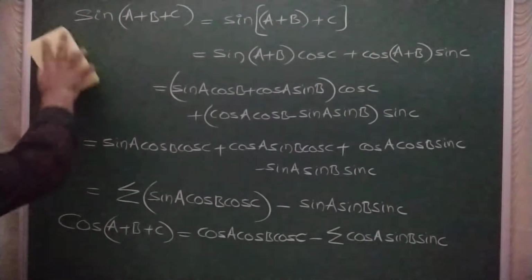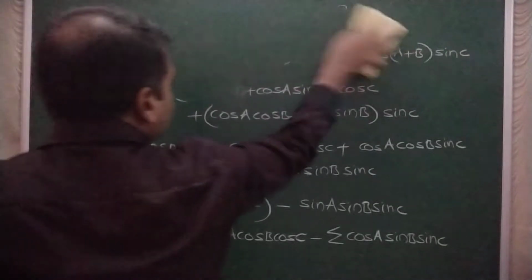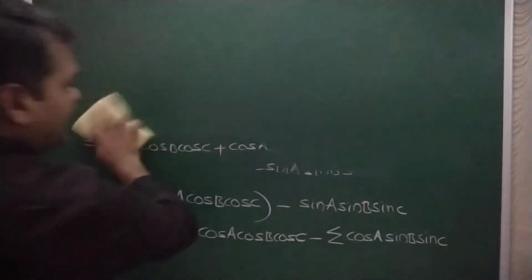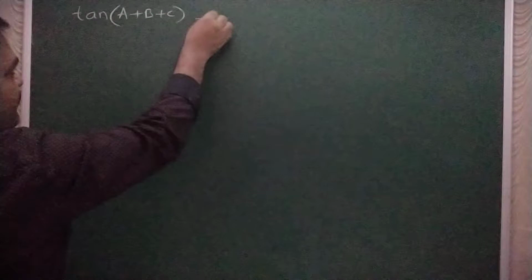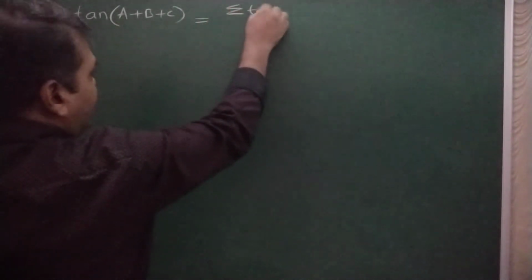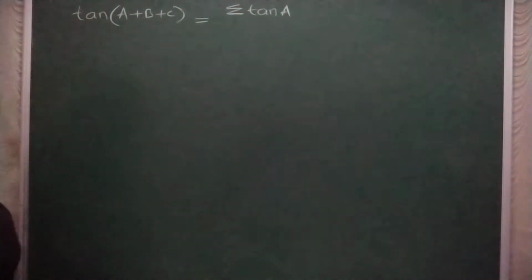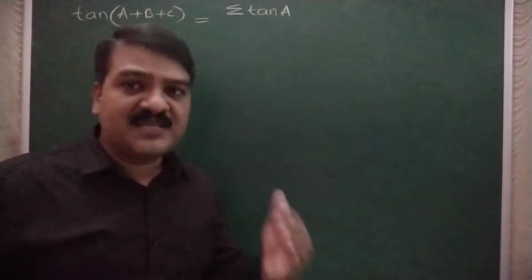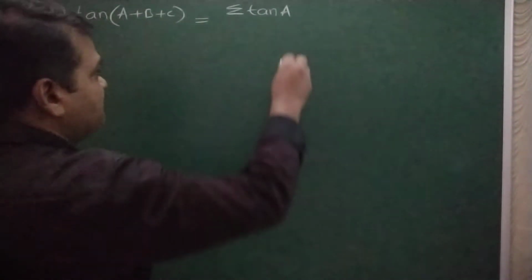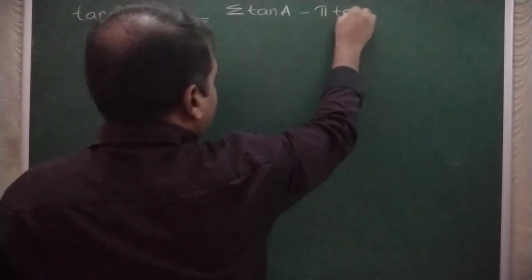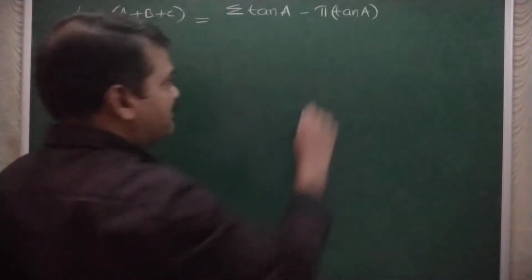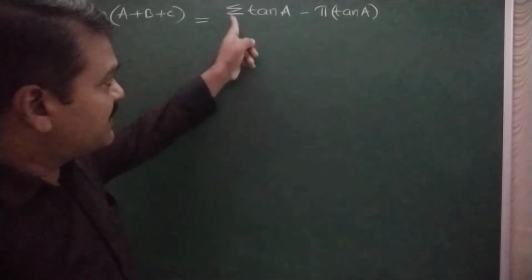Okay, so now in the same procedure, we can write formulas for tan of A plus B plus C. The formula of this is sigma tan A. Now what is sigma tan A? Sigma tan A means tan A plus tan B plus tan C minus pi tan A. So what is pi tan A? Pi represents product. Sigma represents sum.